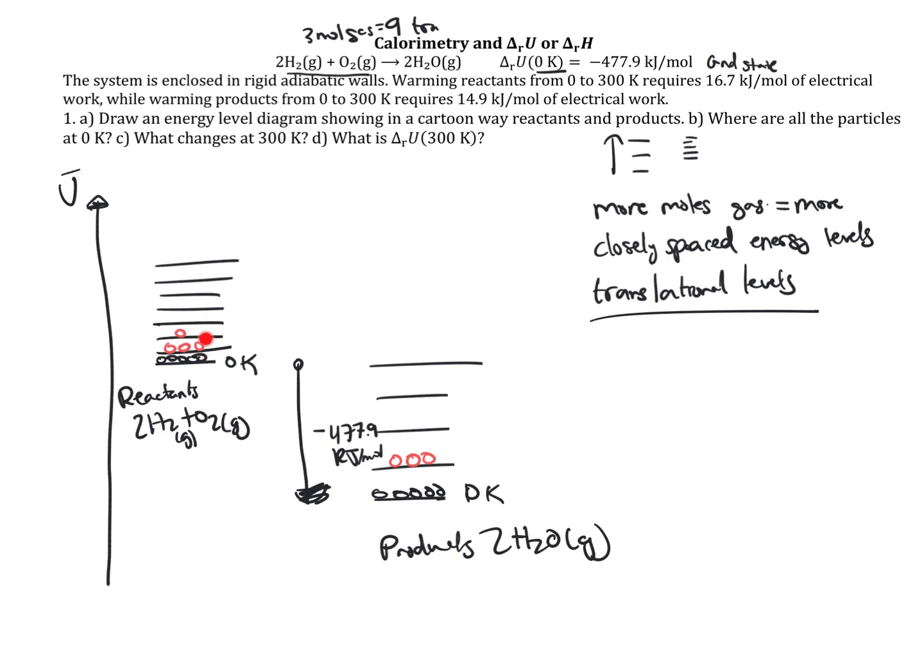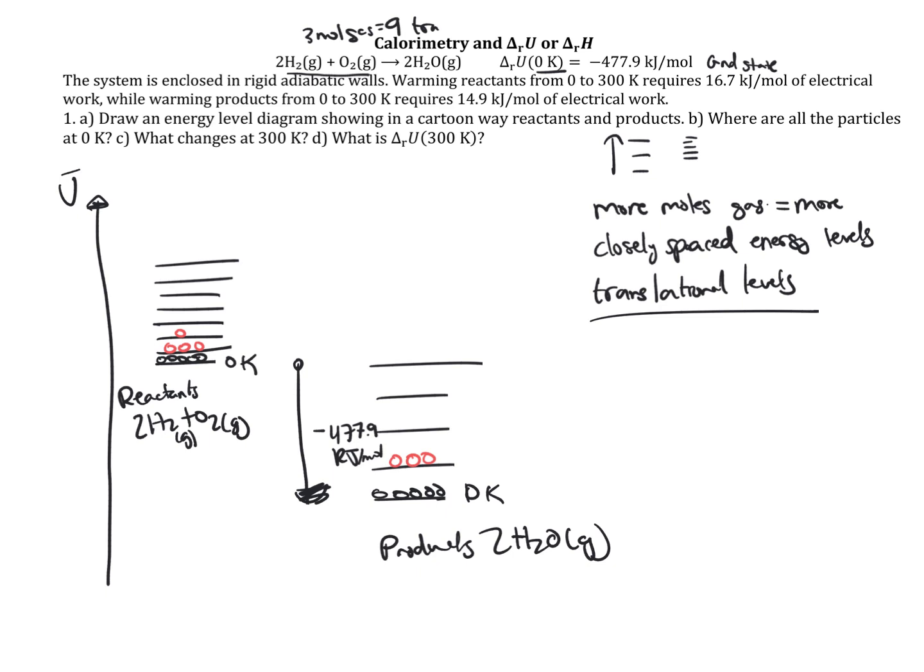We do excite the particles, but on this big picture scale where we have 477.9 kilojoules per mole, not a ton of change, because it only took 17 kilojoules. So there's only 17 extra kilojoules of energy here in the reactants and only 15 kilojoules extra of energy in the products.